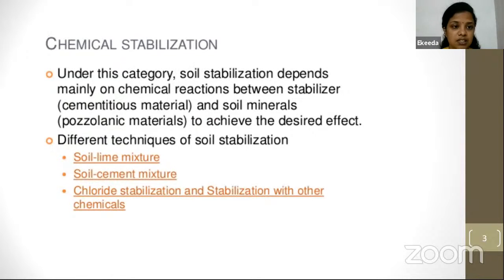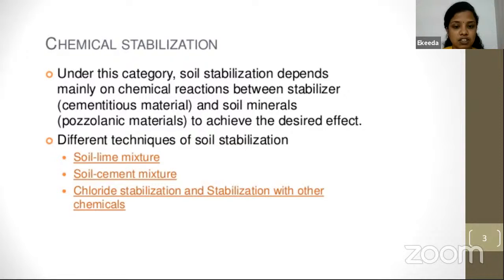Now the next topic. Under this technology, soil stabilization depends mainly on chemical reactions between the stabilizers and soil minerals to achieve the desired effect. So when we add chemicals to the soils, the chemicals will react with the soil minerals to achieve the desired effect.